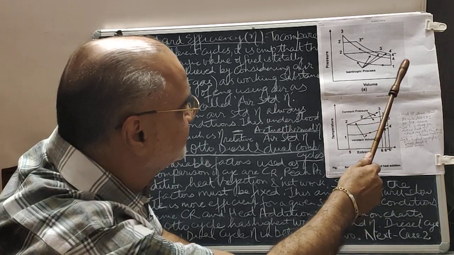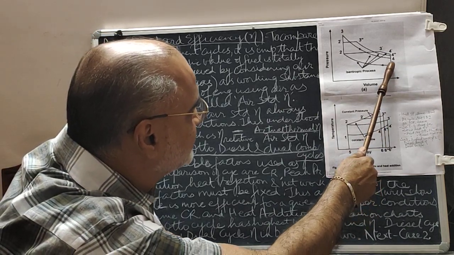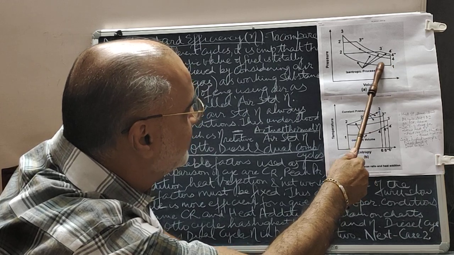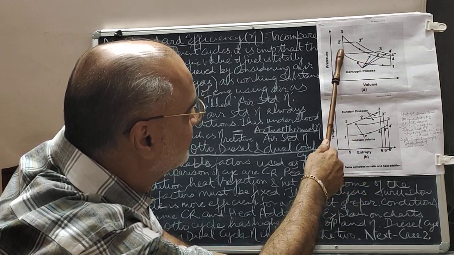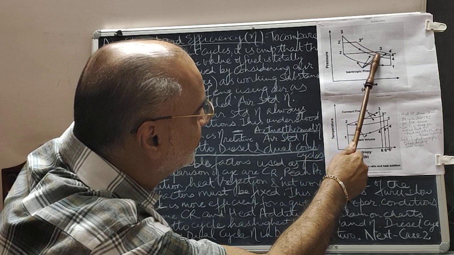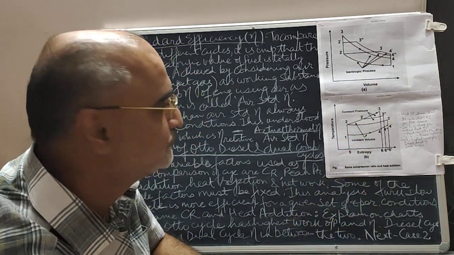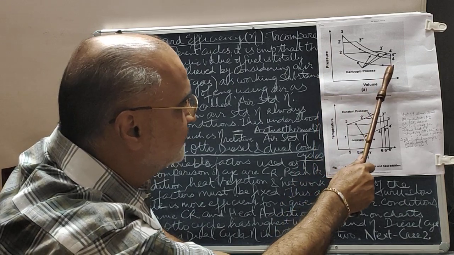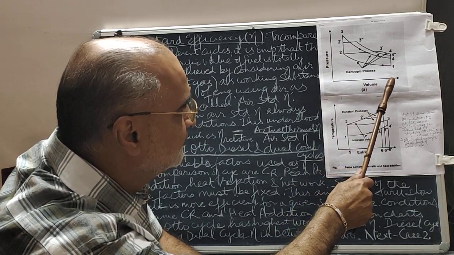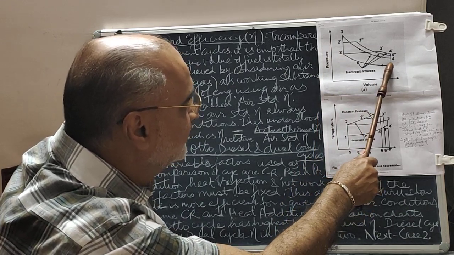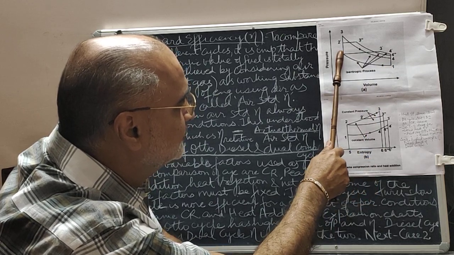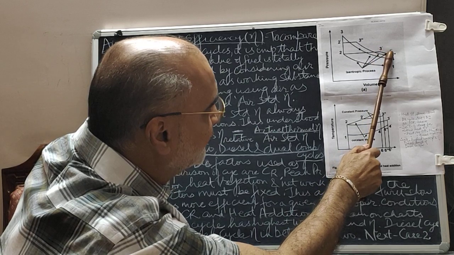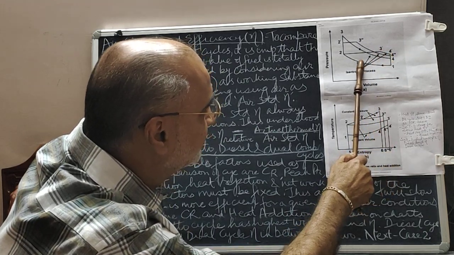Now, this is the Otto cycle 1, 2, 3, 4, 1. Constant volume. Diesel is at constant pressure, 1, 2, 3 dash, 4 dash, 1.